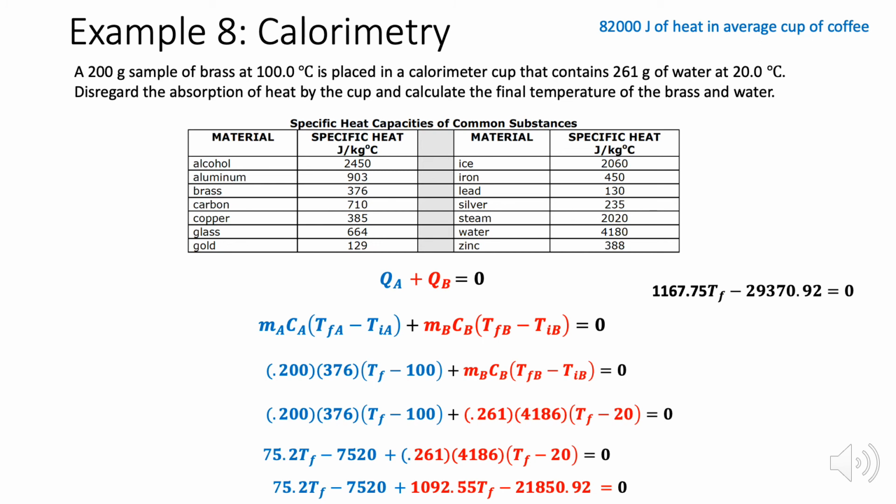Now, if you move the constant, the 29,370.92, to the right-hand side, you should get this. And then we're going to divide to get the TF by itself. And when you put this in your calculator, your final answer should be 25.15 degrees Celsius.